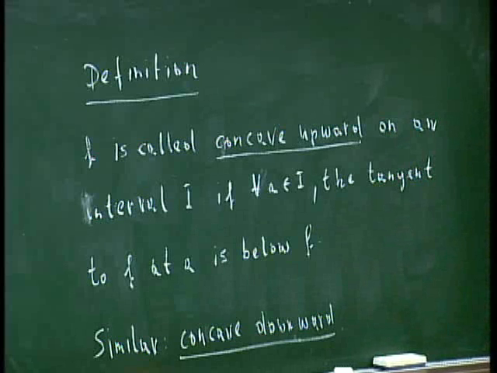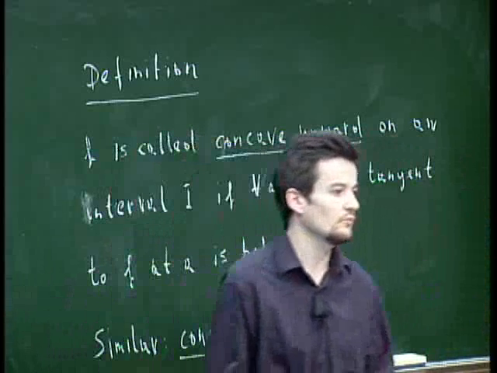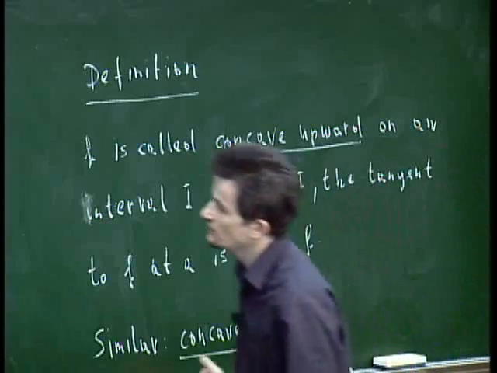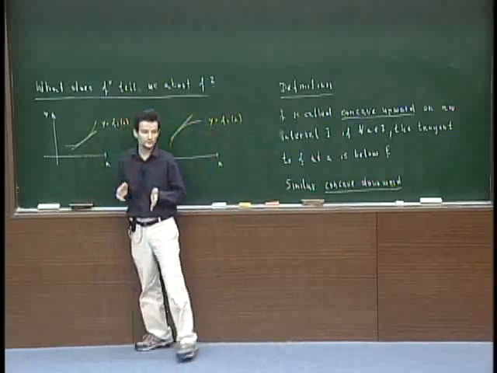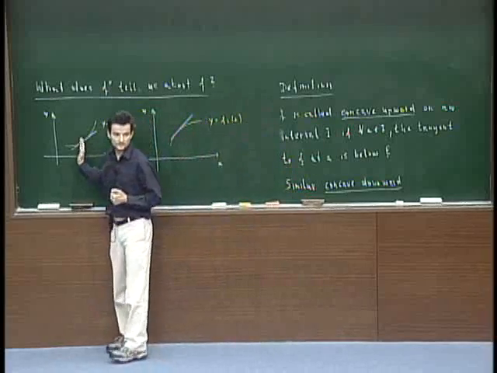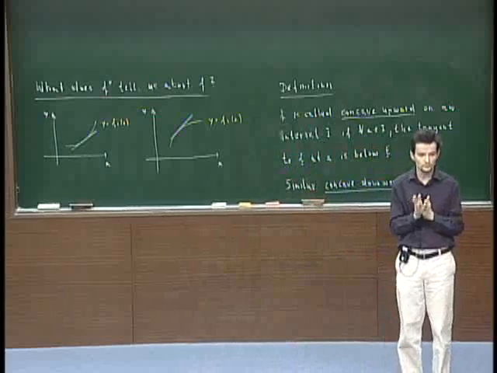And the next question is, how to figure out on which intervals a given function is concave upward, and on which intervals it is concave downward. You see already that another way to describe concave upward is that the slope of the tangent is increasing.